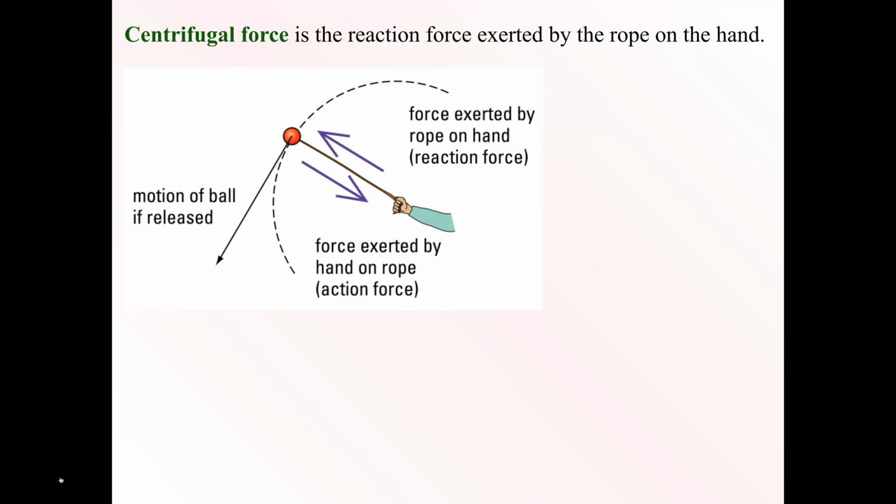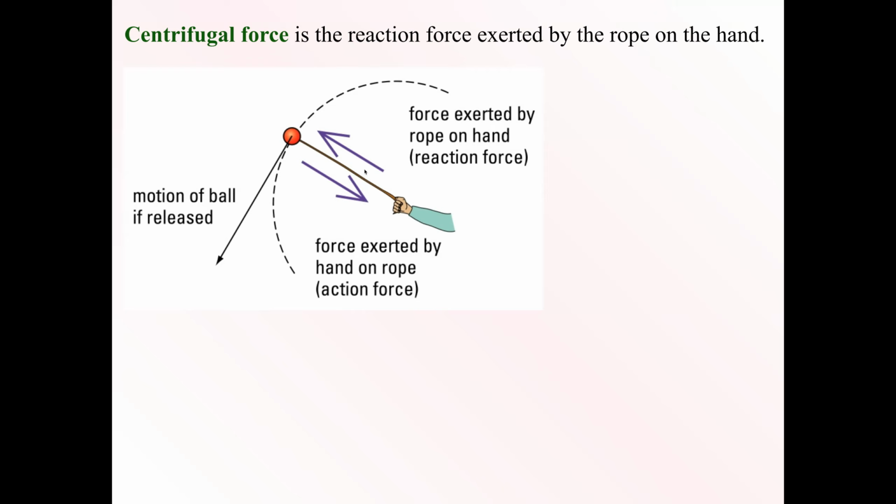A centrifugal force is the reaction force exerted by the rope on the hand. The force coming in is our centripetal force, and the force going out is our centrifugal force. This is Newton's third law: we have equal and opposite, or action-reaction, forces.